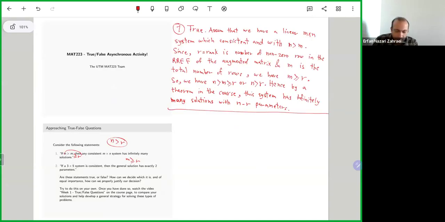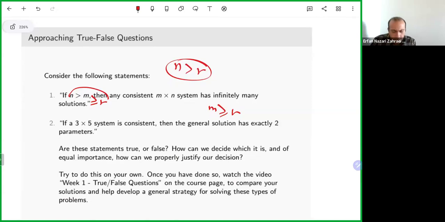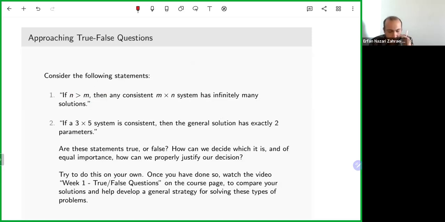Now let's think about the second one. It's again talking about a 3 by 5 consistent system, and it's again about how many parameters are involved. If you think about it for a second, you see that it's again about the same theorem and even the same part: a consistent system has n minus r parameters.